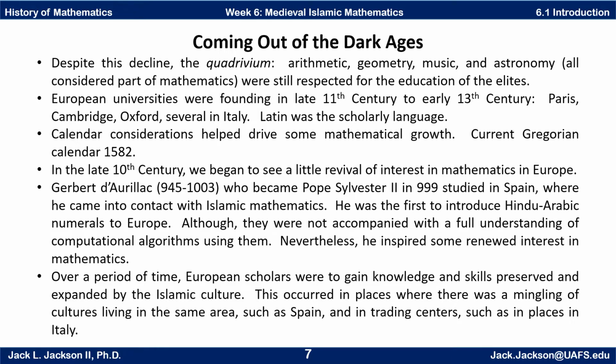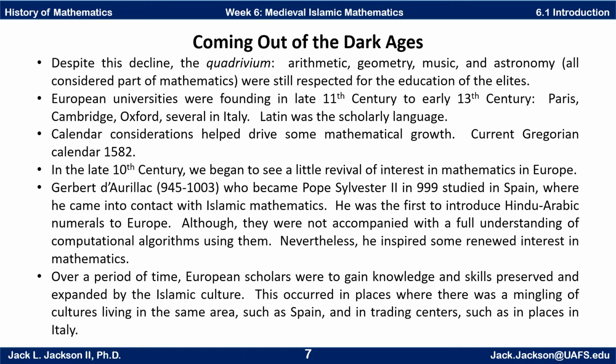One of the things that did drive some work in mathematics were calendar considerations. Calendar considerations have always had some effect on making mathematics grow because there's this problem of trying to reconcile a lunar calendar and a solar calendar, and the fact that these things don't work out as a whole number of days or nice ratios.